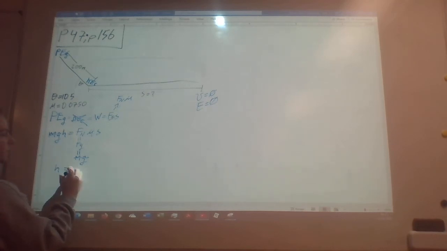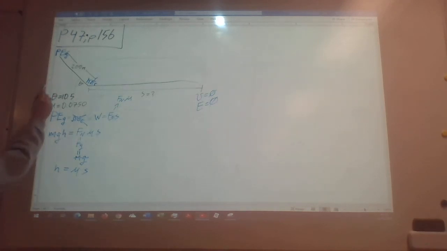So height is equal to the coefficient of friction times the distance traveled is all that we really need. So we just need to find the vertical component of this triangle.